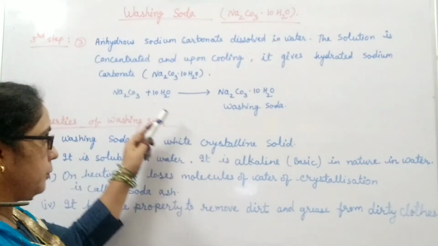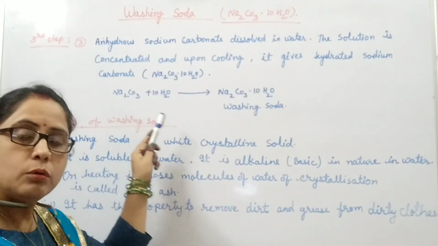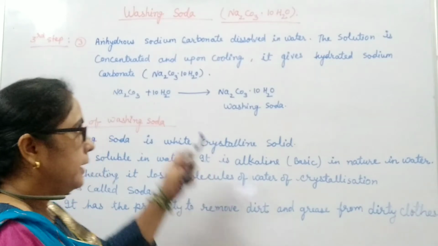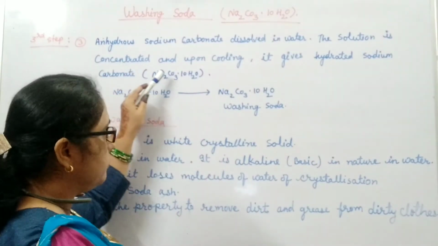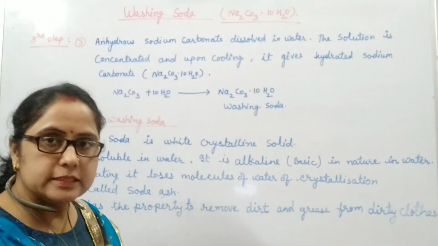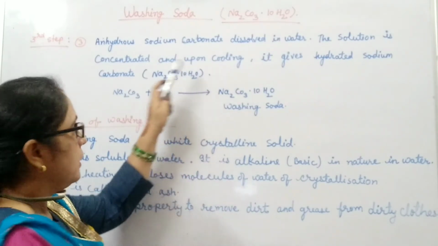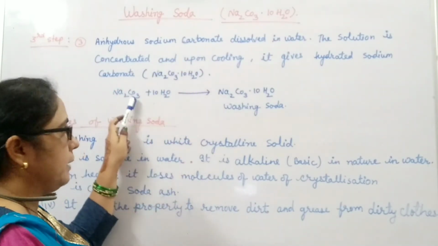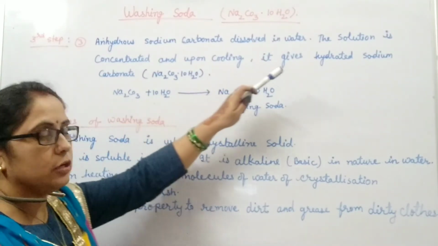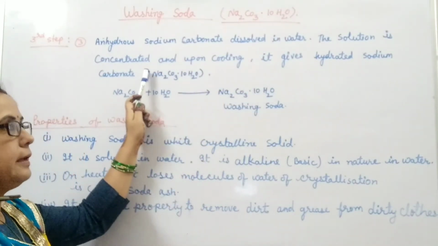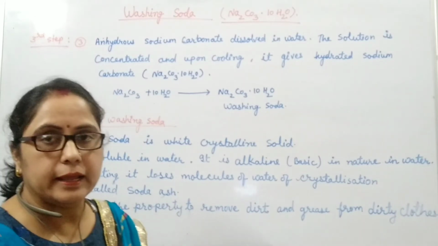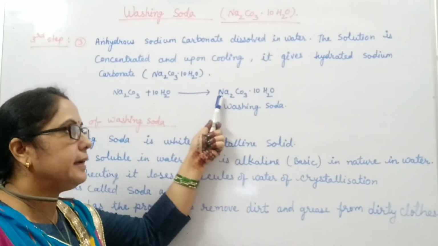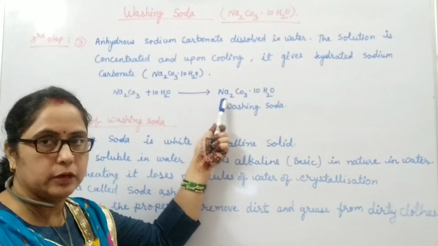This sodium carbonate is now soluble in water. Hence, when it is soluble in water, in the third step we concentrate this solution of sodium carbonate. This solution is concentrated and upon cooling, we get the washing soda, that is hydrated sodium carbonate.